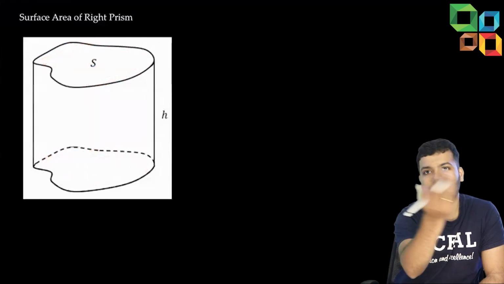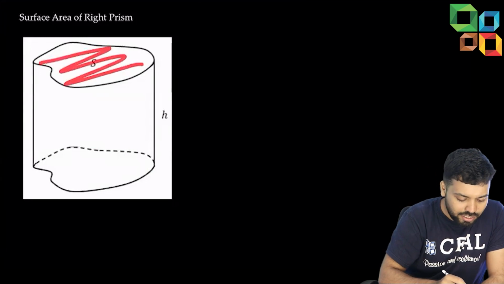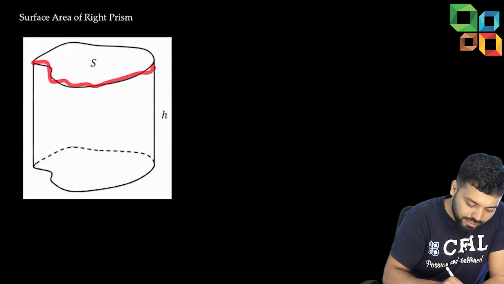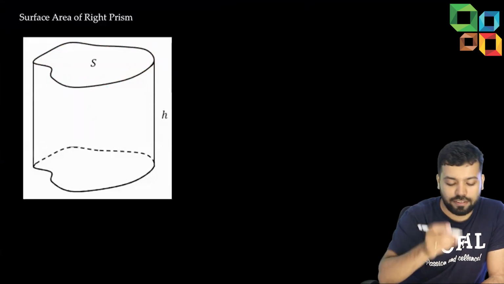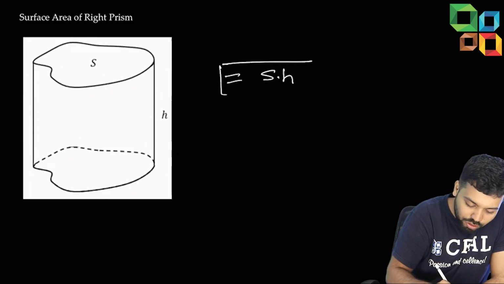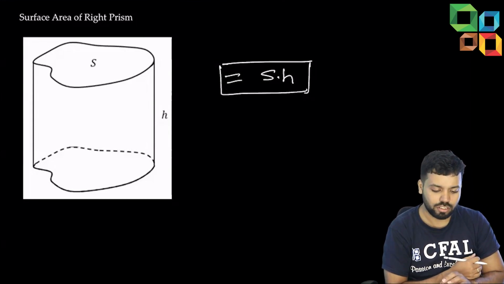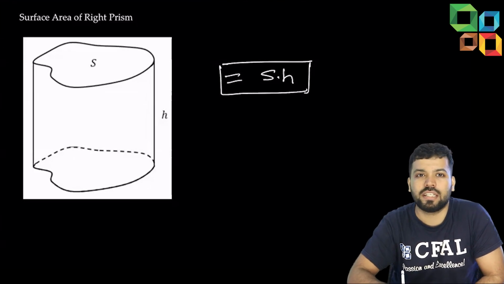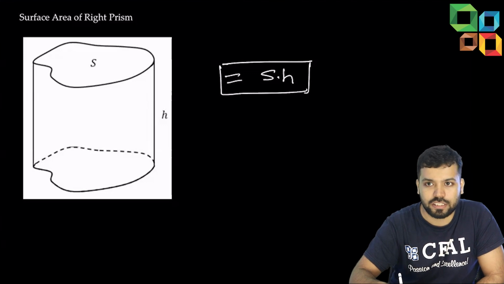I'm just considering curved surface area because nothing is given about the area of this one, and all that they have given is that this entire length is S. So if this perimeter is given, then area will be S into H. You need not worry why this is S into H. We will prove this later. If not in 10th, we'll prove it in 11th standard, maybe using integration or some other techniques.